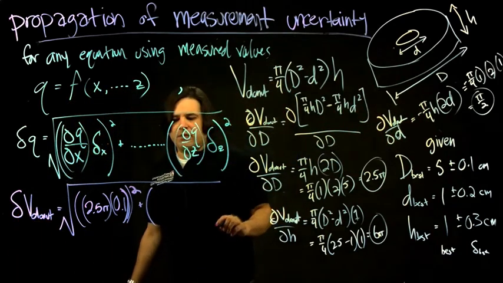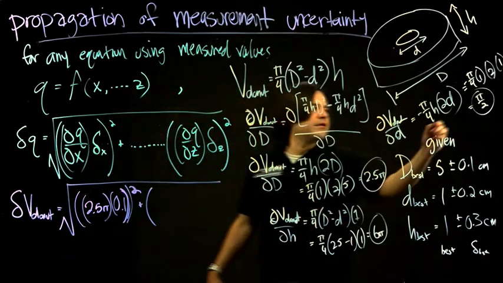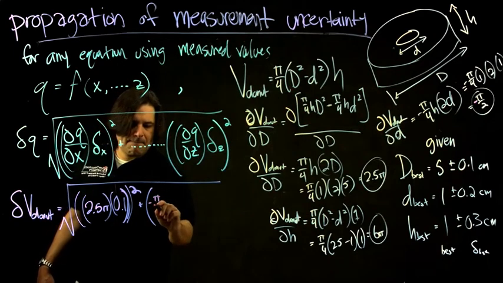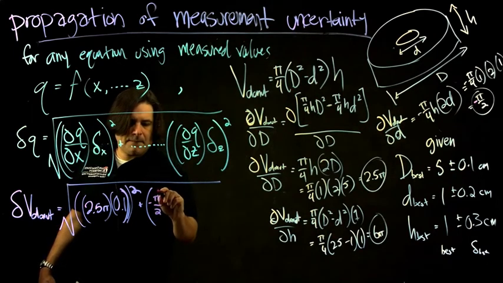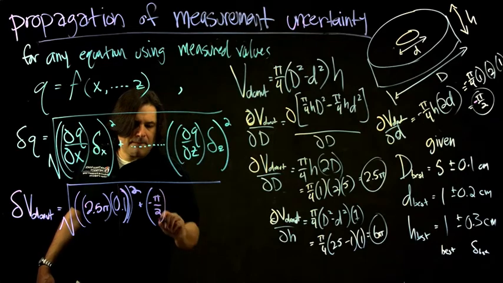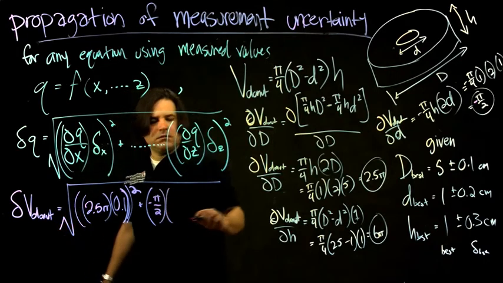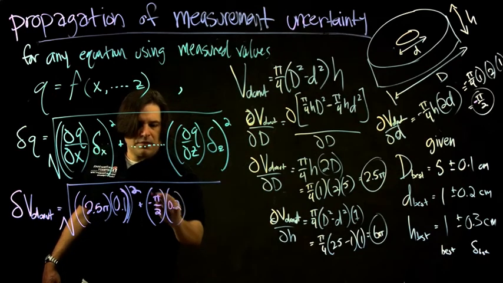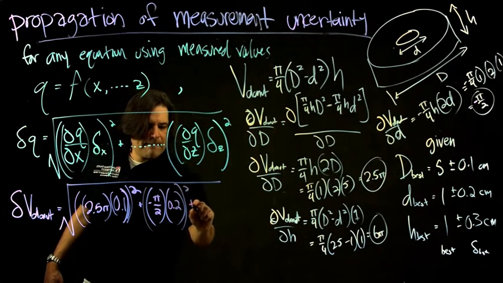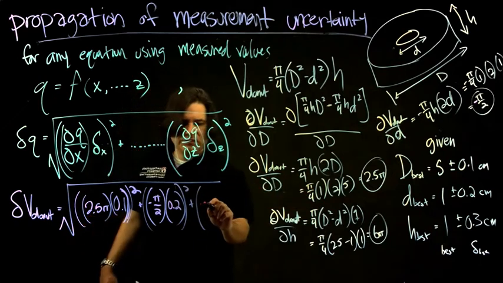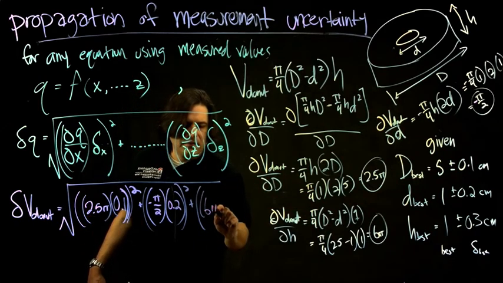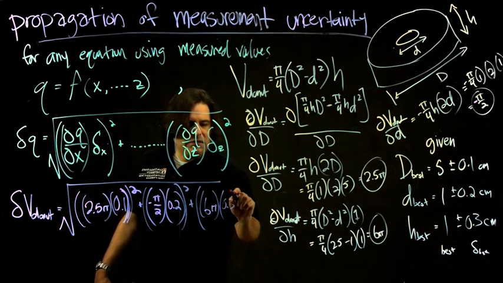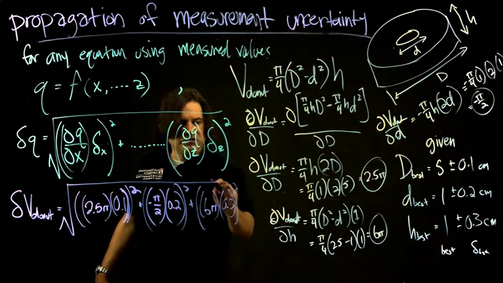Negative pi over 2, there should be a negative here, times 0.2 as the error. Then you take the square of that. Plus 6 pi times the uncertainty of that, 0.3, this h variable. Then you take the square of that.